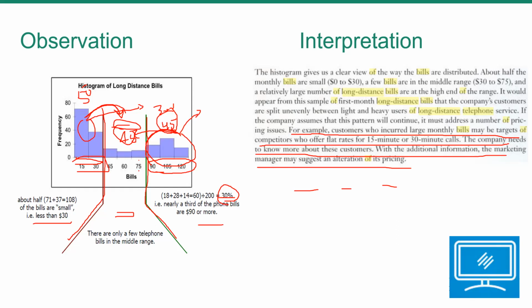If people with a high international calling amount don't have something suited for them, they will move to another provider who gives them better rates. So for a telecom provider, these are the people they should target and make them somehow move to the middle.